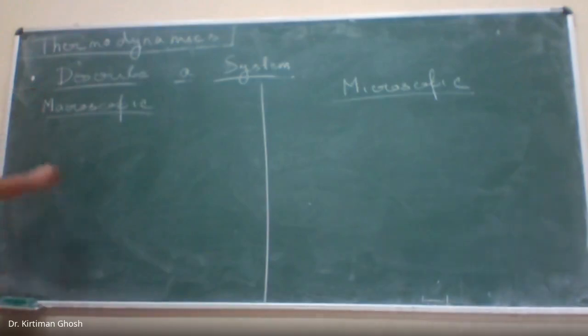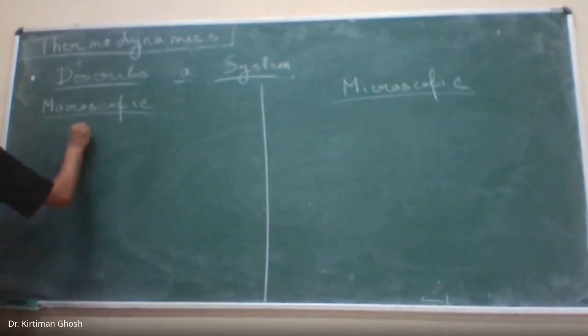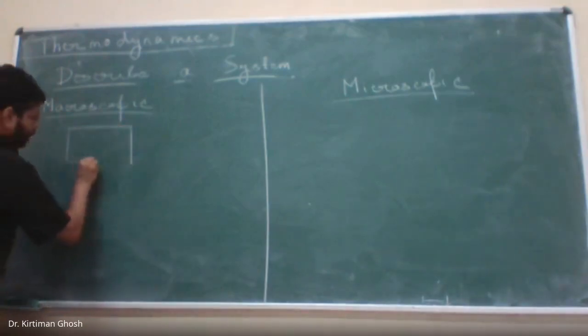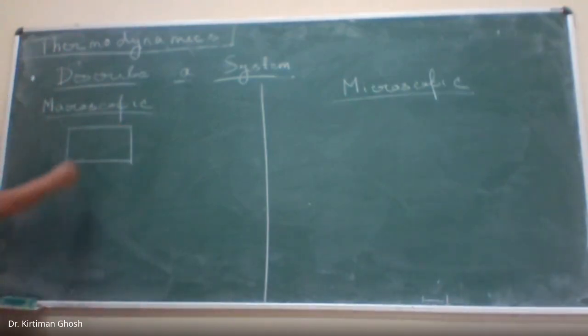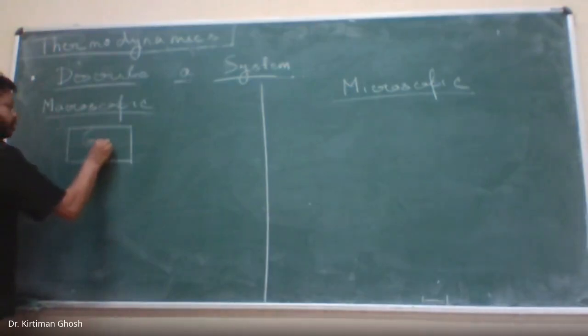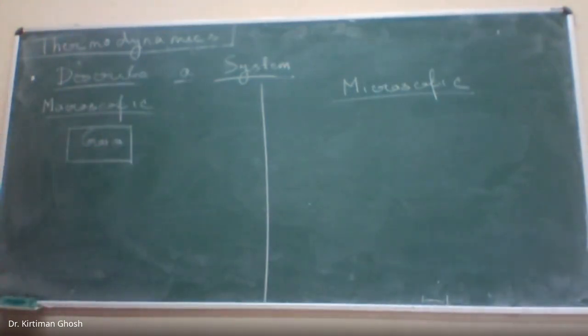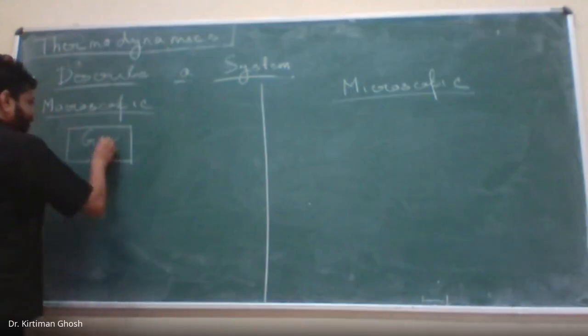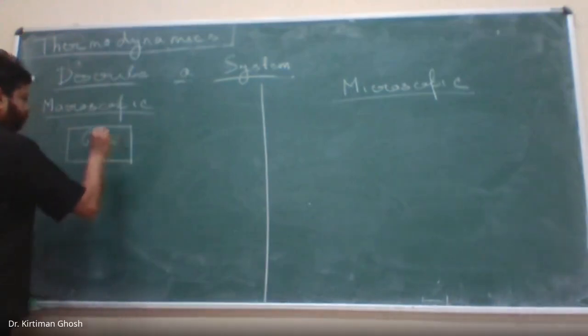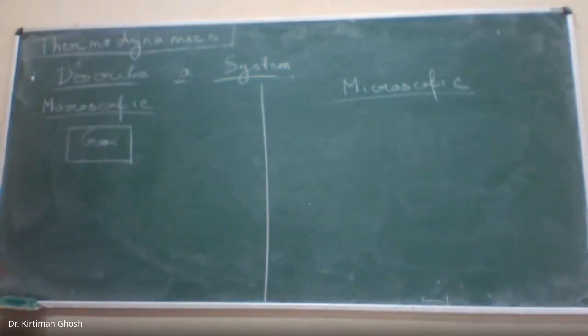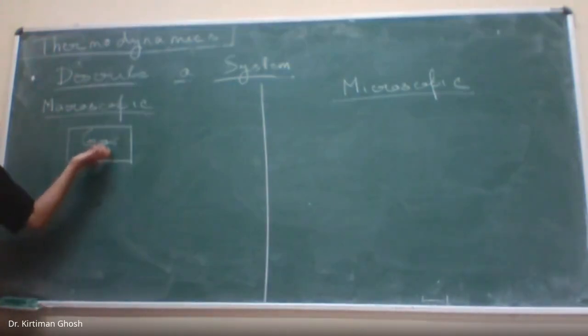Okay, so let us consider a specific system. If I have a container full of gases, so this is a container of gases, what are the properties of this system?